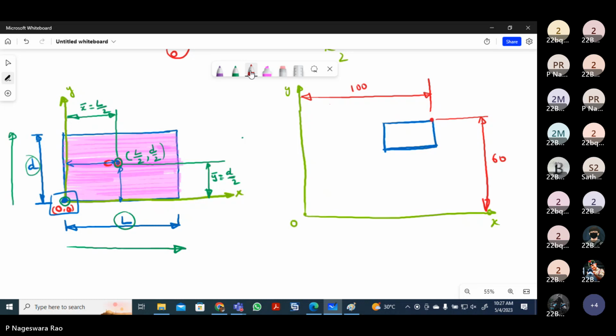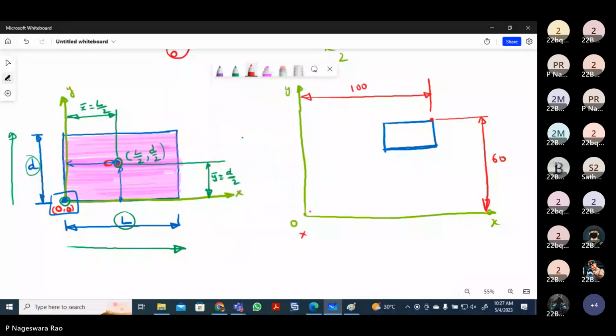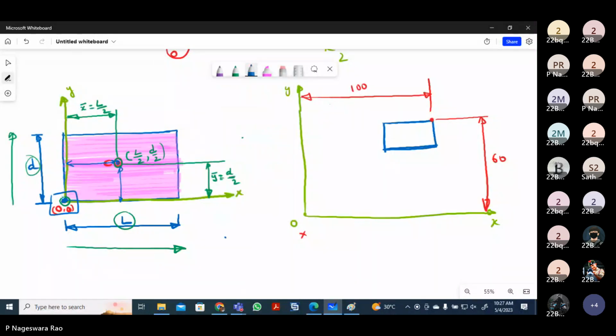Now, let us forget about this side first of all. What we assumed in the formula in the previous case, when the origin is at this corner, we know that the centroid lies here at a distance of L by 2 from the y-axis. If this is the y-axis and this is the x-axis, then from this origin the centroid lies at a distance of D by 2.